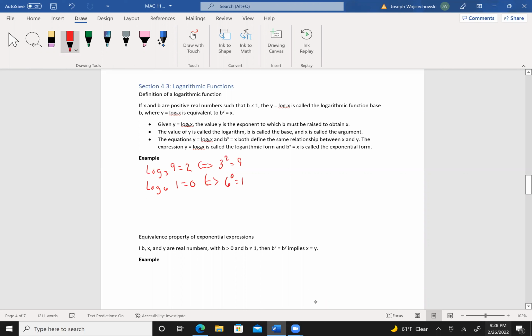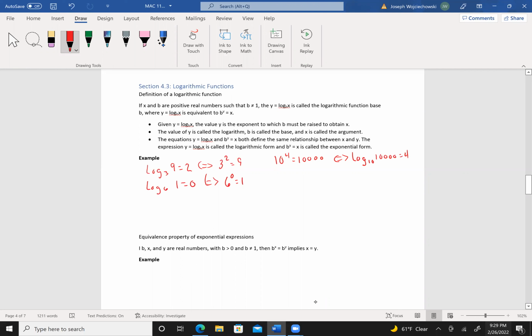Okay, we can go in the other direction as well. Write each equation in its logarithmic form. 10 to the 4th equals 10,000. This is equivalent to the log base 10 of 10,000 equals 4.